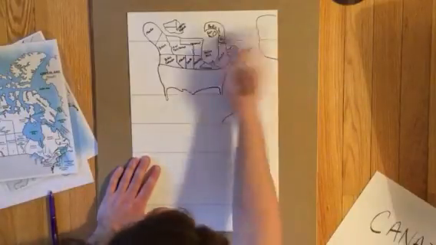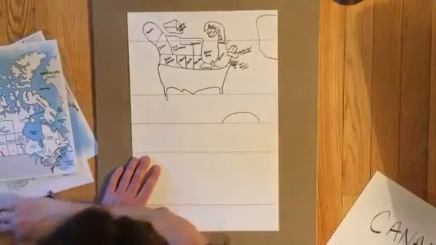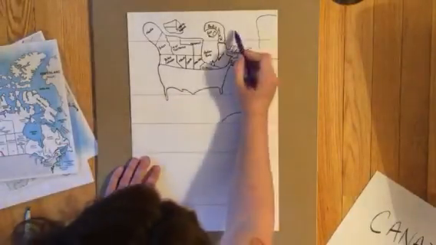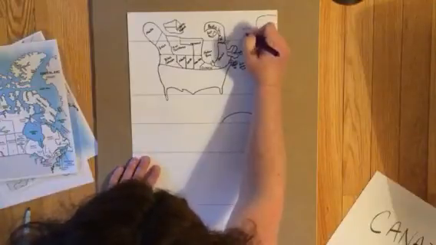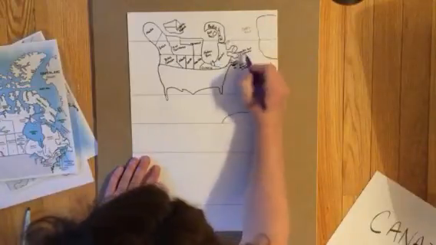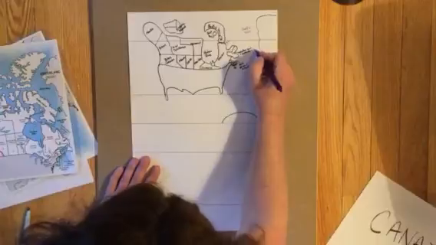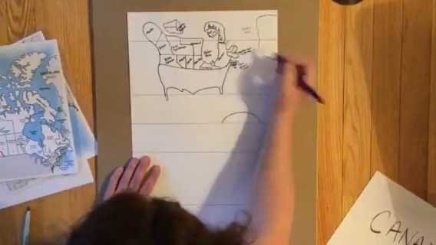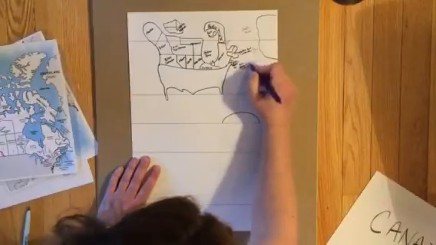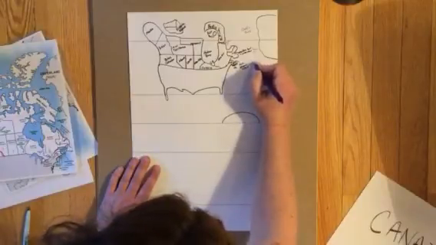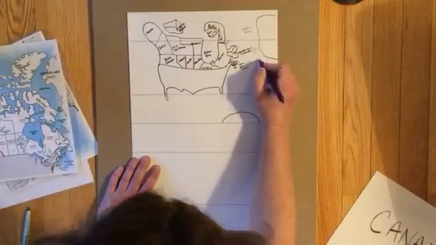Okay, we're just going to do it like that. So here we have the Baffin Bay. Okay, here we have the Davis Strait. And we've got the Labrador Sea.